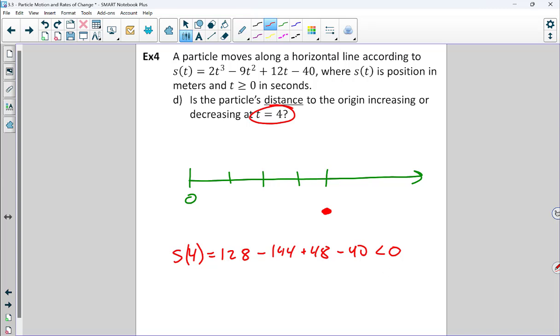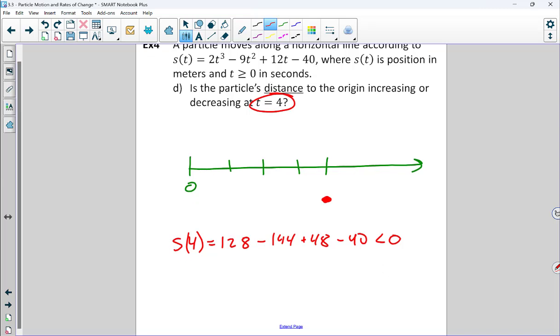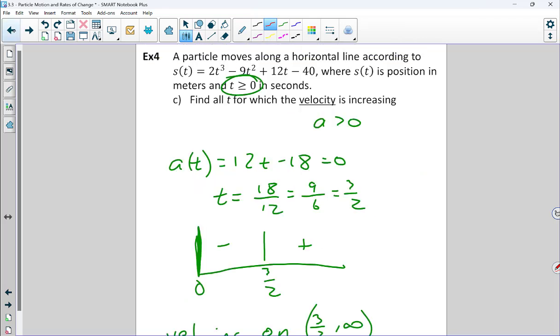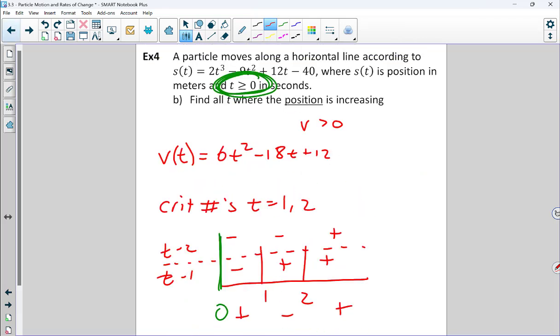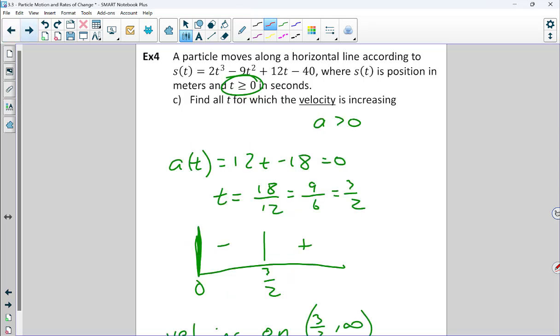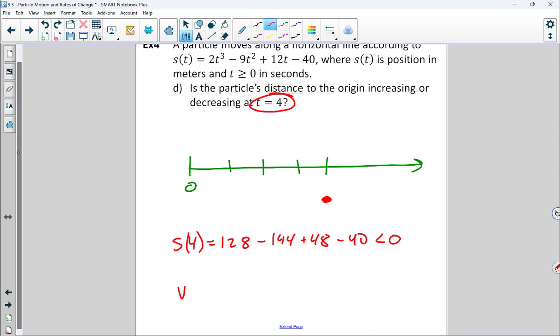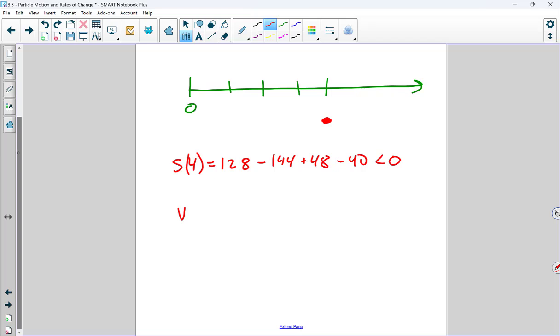Now, if I consider the velocity, well, we already determined actually the velocity is positive. At t equals 4, the velocity is positive. So what we have is the position is negative and the velocity is positive.